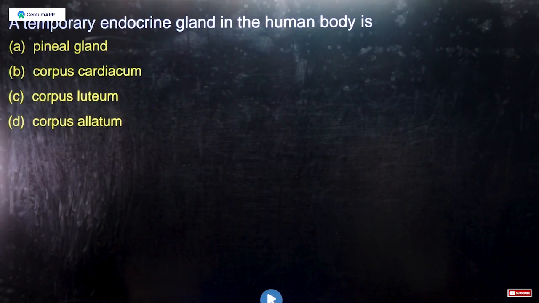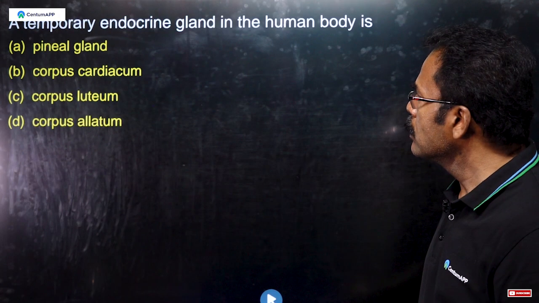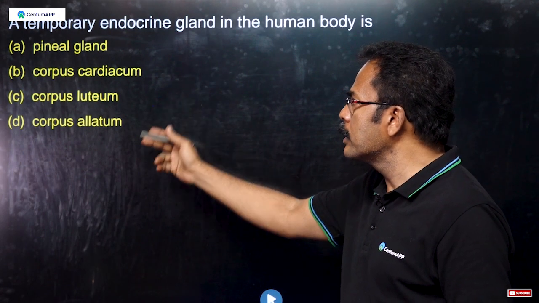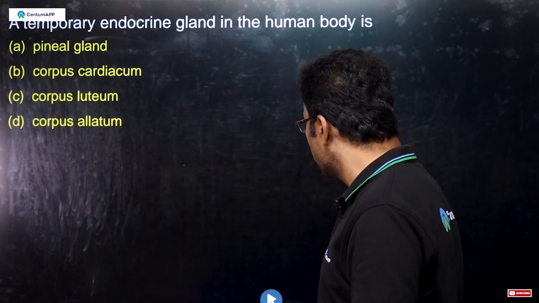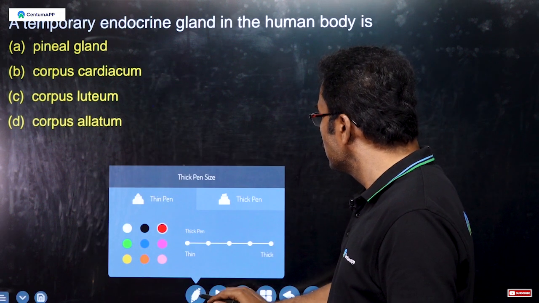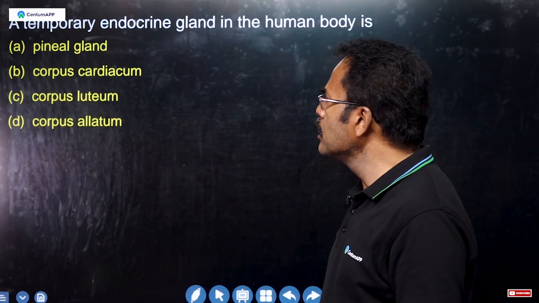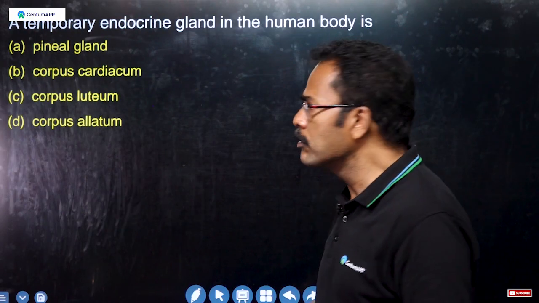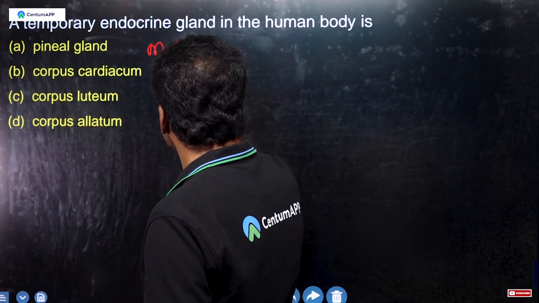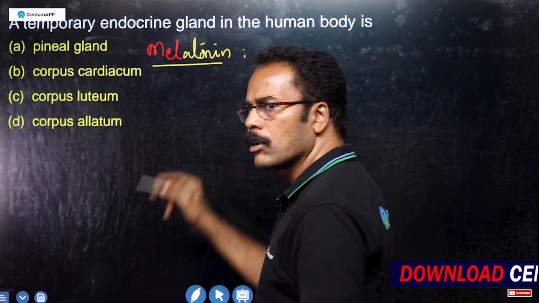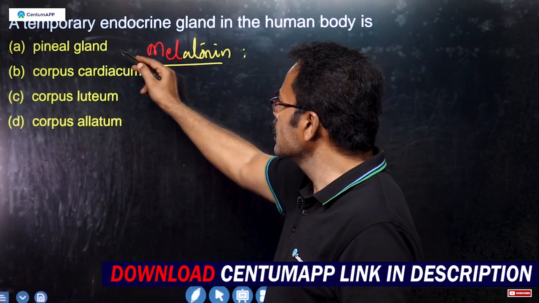Last question, a temporary endocrine gland in the human body is. Here there are pineal gland, corpus cardiacum, corpus luteum, and corpus allatum. First, pineal gland. Pineal gland is located just below the thalamus and is responsible for the production of melatonin. Melatonin is a biological clock hormone responsible for the sleep-wake cycle, so it is not the correct option.